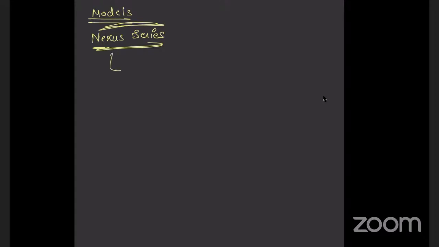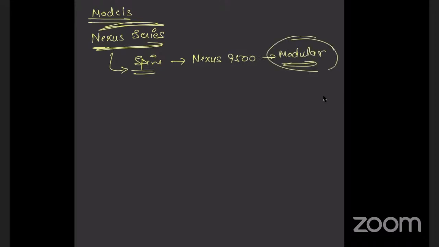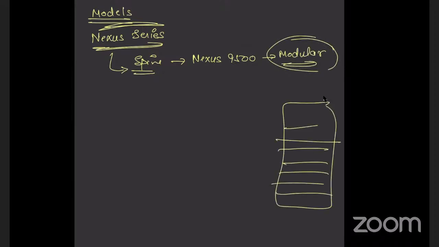So when we talk about the spine layer, you will have two dedicated series. One series is known as the NEXUS 9500 series, which is a modular series. I hope you know what modular is. Switches where you can insert modules are known as modular.